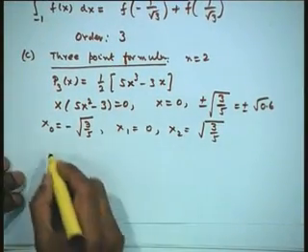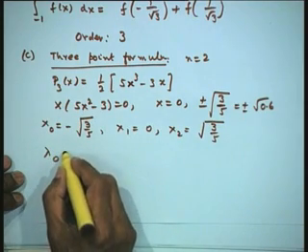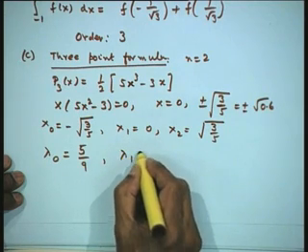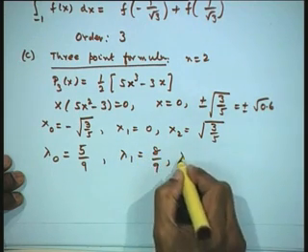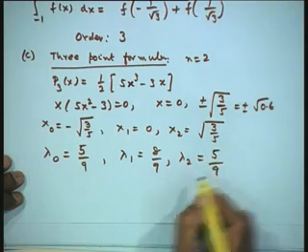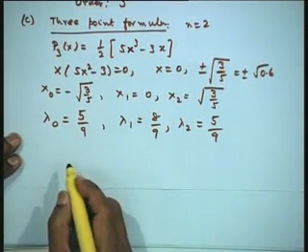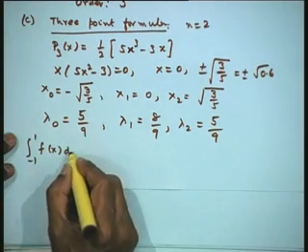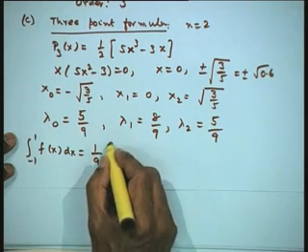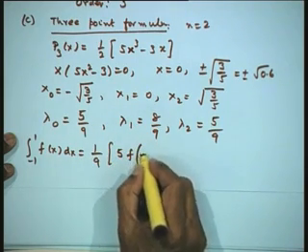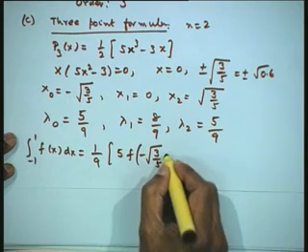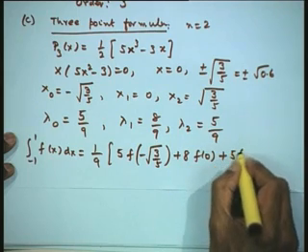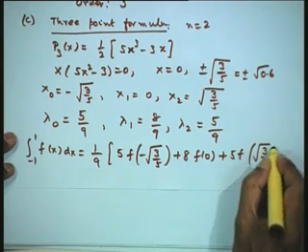Now, I will leave this as a simple exercise for you, just as we have found the weights before, we can find out the values. I will give the values, just find them out. Lambda naught comes out to be 5 by 9, lambda 1 is equal to 8 by 9 and lambda 2 is equal to 5 by 9. So, the 3 point formula is given by integral of f x dx is 1 upon 9 into 5 times f of minus under root of 3 by 5, plus 8 times f of 0, plus 5 times f of under root of 3 by 5.